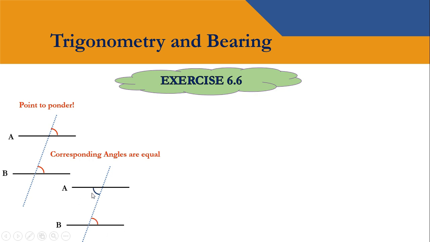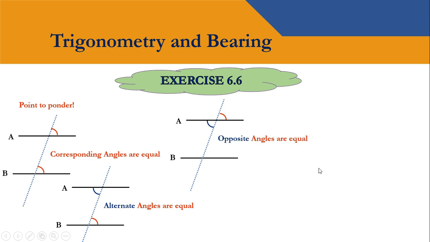These two angles that are forming on the alternate sides are called alternate angles, and these alternate angles are equal angles. Similarly, if there is another set of parallel lines, you can see these two angles are called opposite angles and they are equal angles.